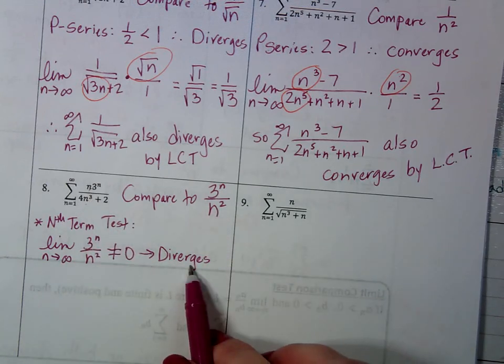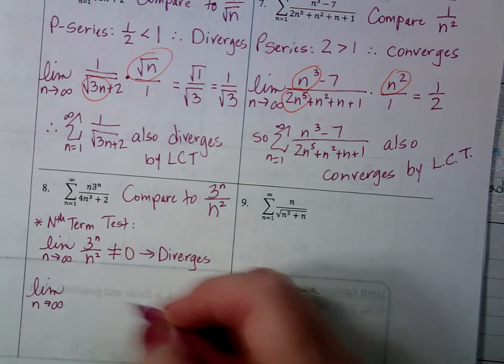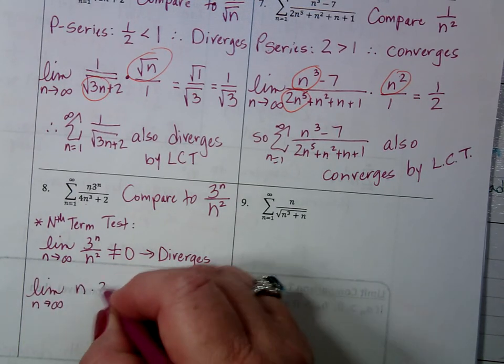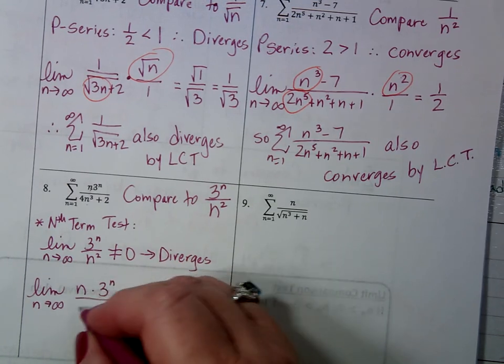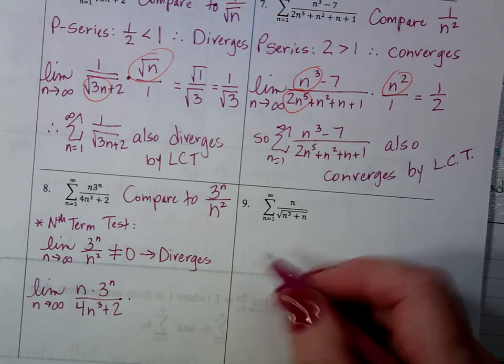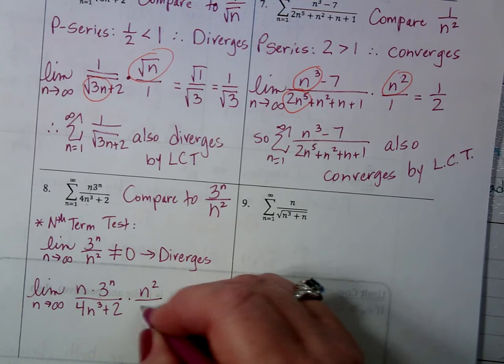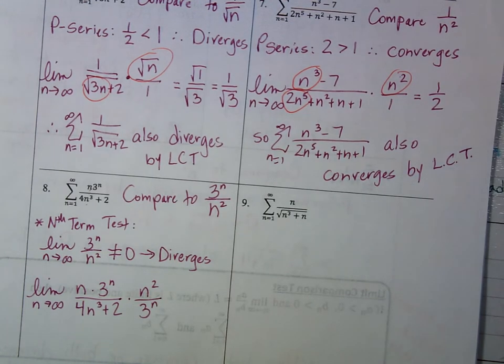So if I take the limit as n approaches infinity for my guy, n times 3 to the n over 4n cubed plus 2, times, now I'm going to flip this, right? Keep, change, flip. n squared over 3 to the n. There are some things that cancel out and make it kind of nice.